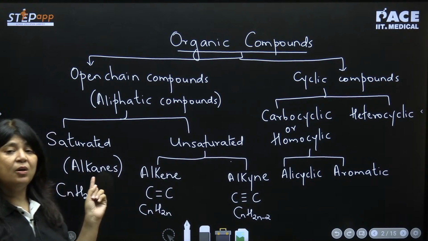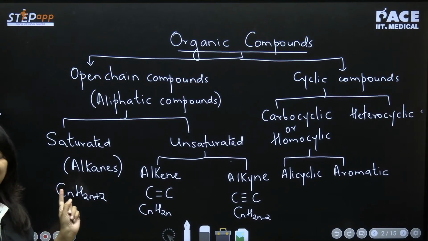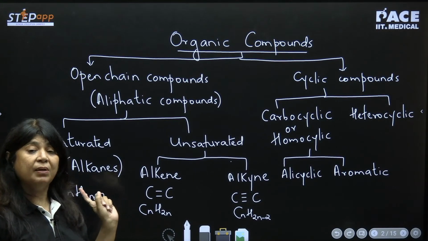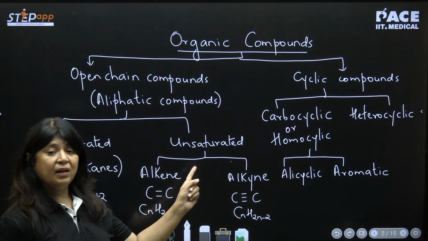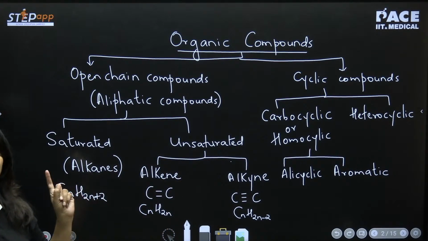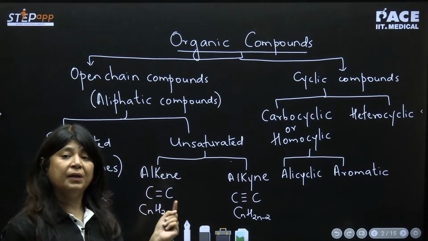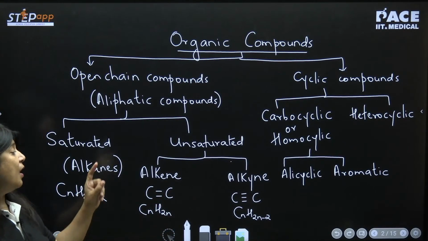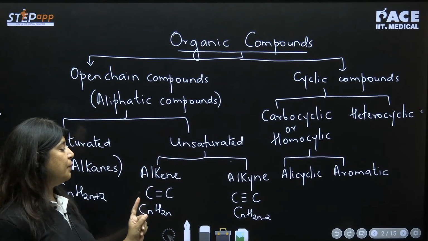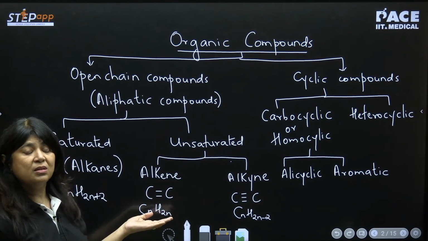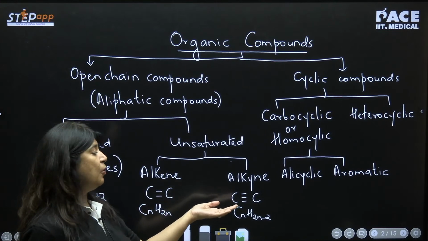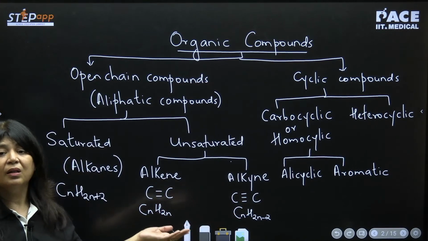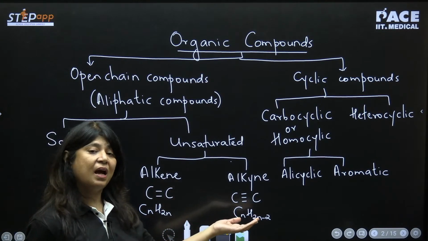A saturated organic compound will have no carbon-carbon double bond and no carbon-carbon triple bond present. Unsaturated organic compounds will have either a carbon-carbon double bond or a carbon-carbon triple bond. If the molecule has a carbon-carbon double bond, it is classified as an alkene, and if it has a carbon-carbon triple bond, it is classified as an alkyne.